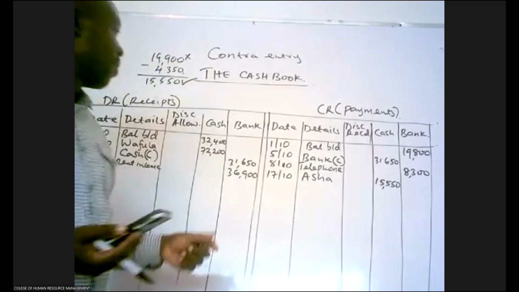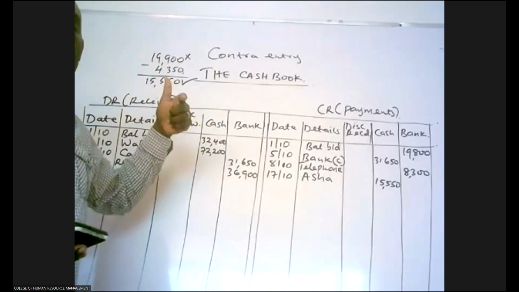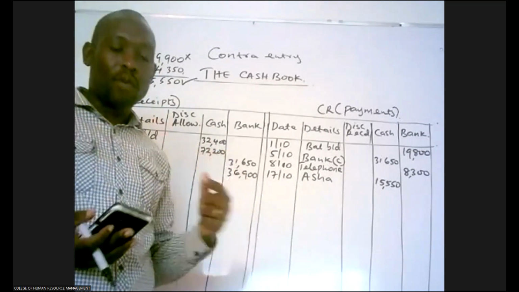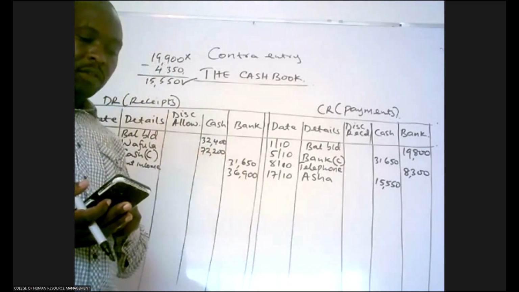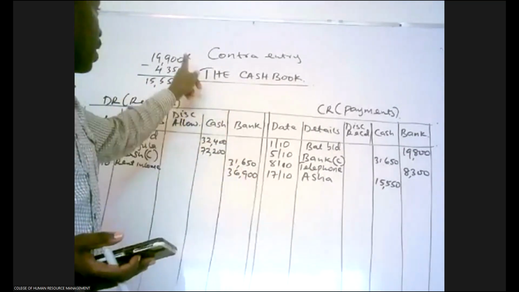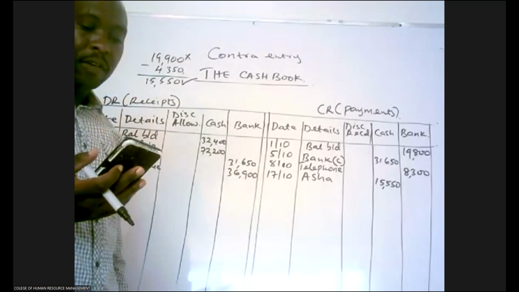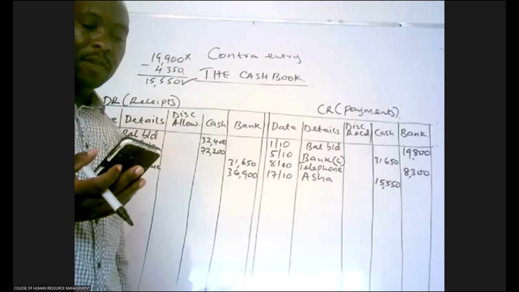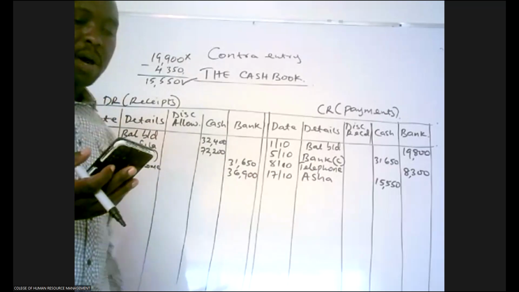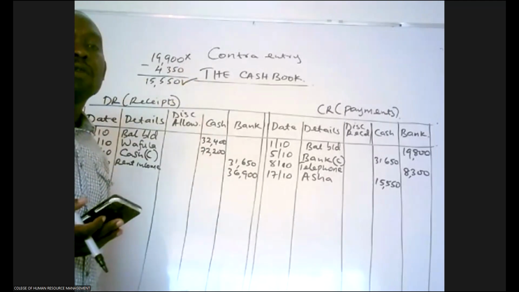Okay, somebody is asking about the repetition of this. When you are told to pay the full amount to somebody, you must go back to the transactions where the person was involved. So for Asha, the first transaction occurred on 4th, whereby we bought goods worth 19,900. Then we connect with the transaction again that occurred between the business and Asha, which was on 7th, whereby we are told we returned goods worth 43.50. You cannot pay for goods that we have returned.